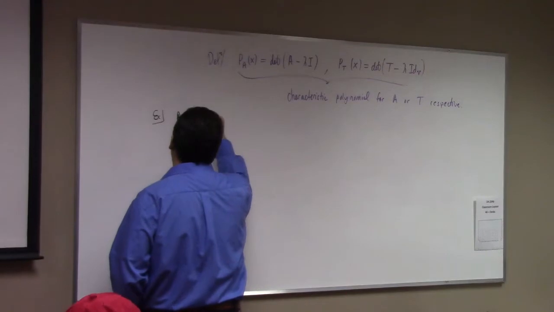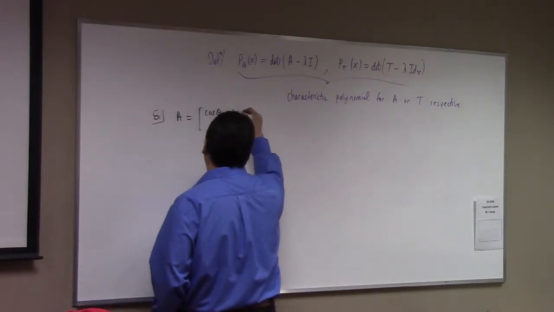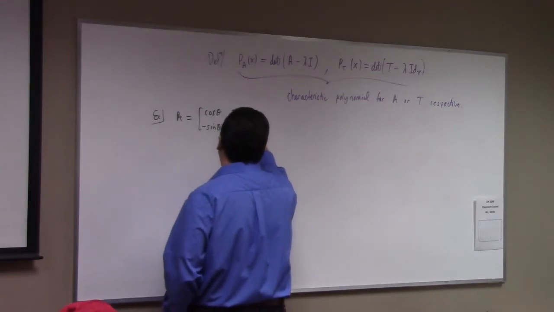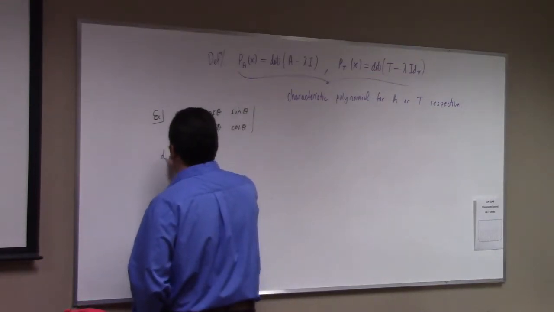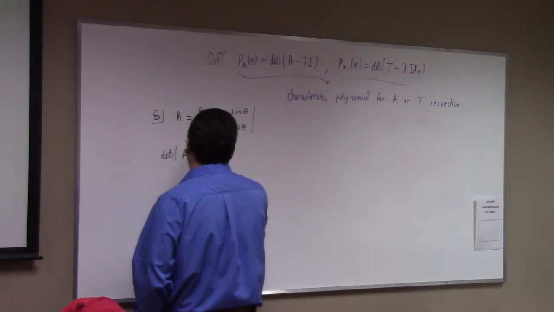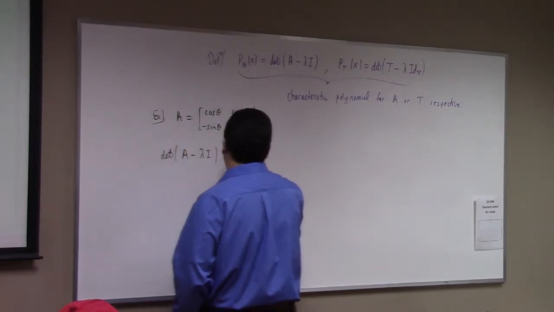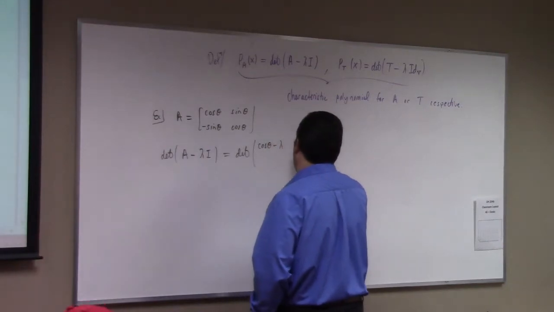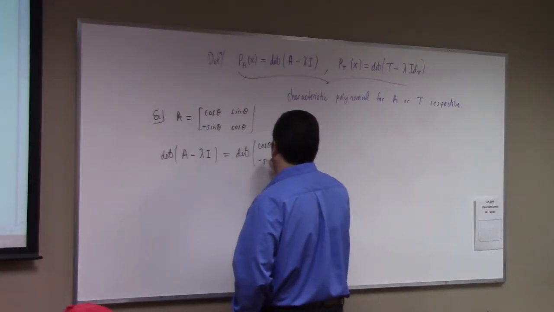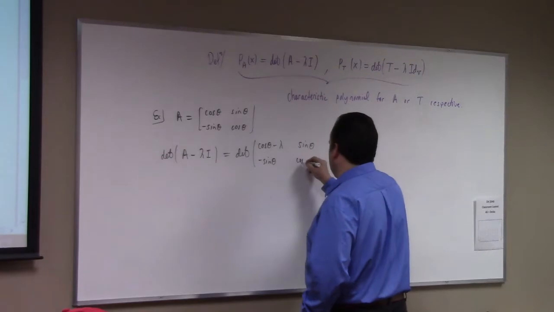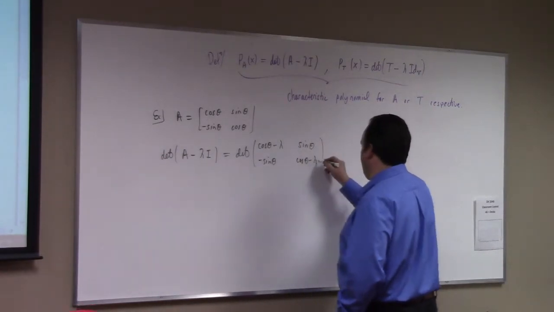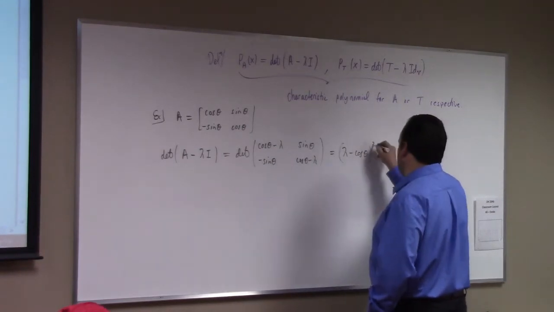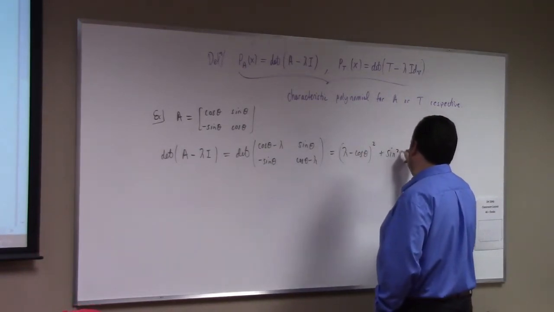If we look at the matrix A is cosine theta, sine theta, minus sine theta, cosine theta, then the determinant of A minus lambda times the identity matrix would be the determinant of cosine theta minus lambda, sine theta, minus sine theta, cosine theta minus lambda, which is lambda minus cosine theta squared plus sine squared theta.